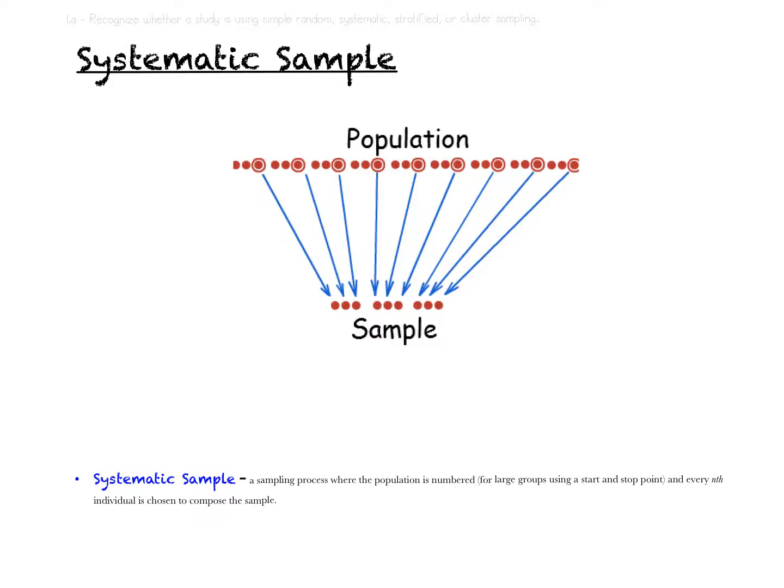So they do not have the same opportunity of being selected because of where they are positioned in the list based off some characteristic. If we went shortest to tallest, the shortest person automatically is not going to be ever selected. So systematic is better than convenience, it's better than voluntary, it's better than those other bias-creating sampling structures. However, this still isn't the best, but it's better than the alternatives.